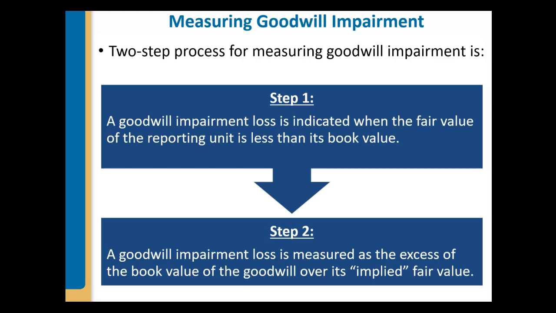If goodwill is tested for impairment at the same time as other assets of the reporting unit, the other assets must be tested first, and any impairment loss and asset write-down is recorded prior to testing goodwill. Subsequent reversal of a previous goodwill impairment loss is not allowed.